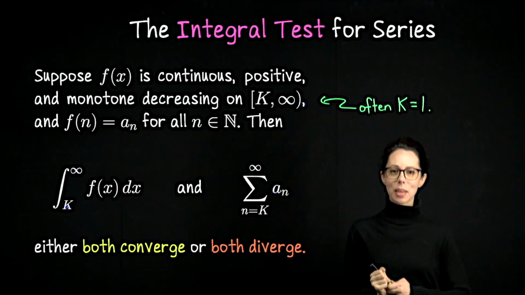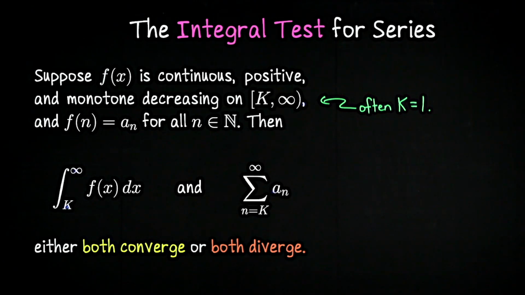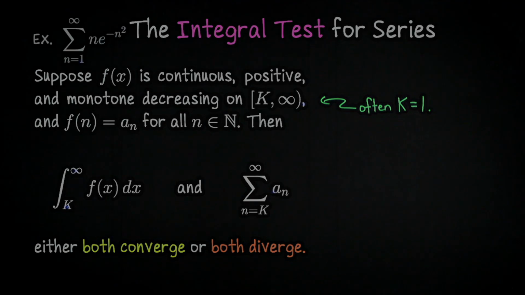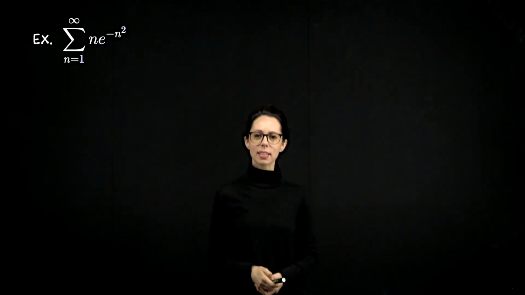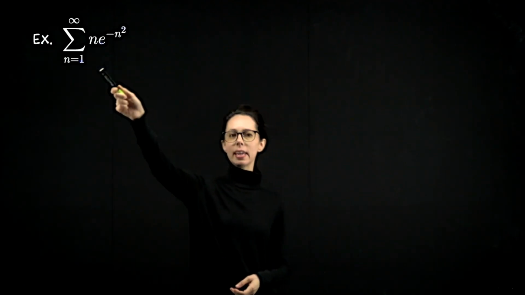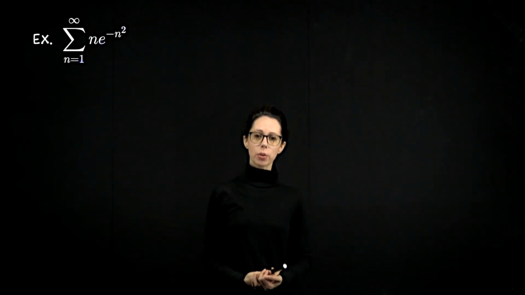Okay, so let's look at some examples. Let's see if we can use the integral test to analyze the series whose terms look like n e to the negative n squared, where we're adding up the series from n equals 1 to infinity.